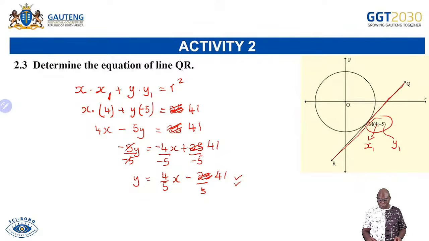The y-intercept of that graph cannot be 5 there, so that's why I picked up that it cannot be 5, it must be negative 5. Okay, right. So this one will make sense now. That point there will be 41 over 5, negative 41 over 5. Right.